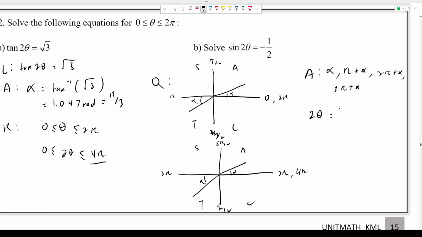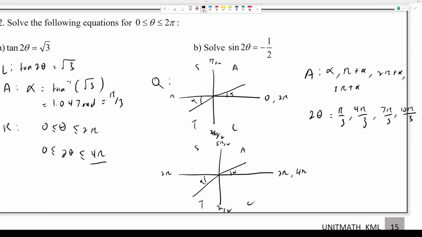Okay, so alpha is pi over 3, and then pi plus alpha, 4 pi over 3, and then 2 pi plus alpha, 7 pi over 3, and lastly 10 pi over 3.